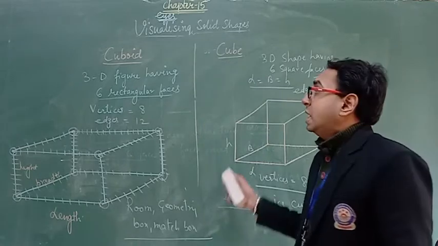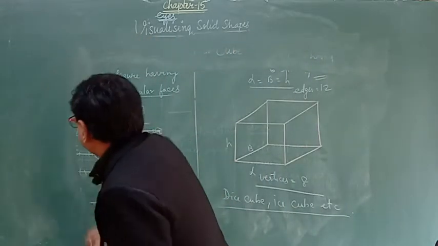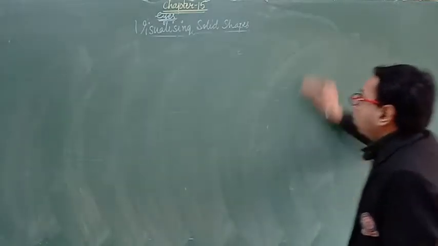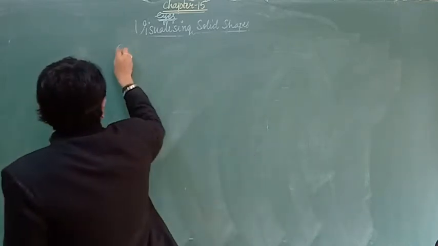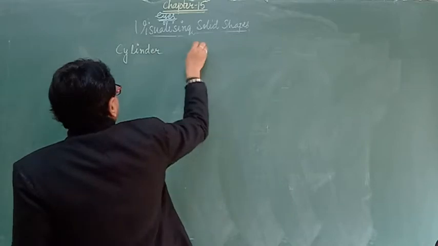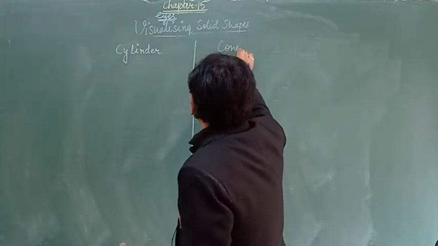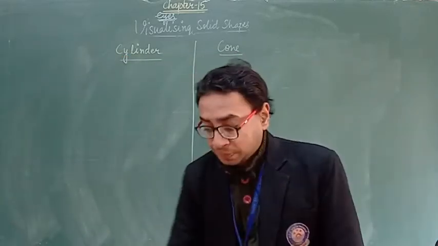Let's move on to the next two shapes, that is cylinder and cone. Let's move on to the next important shapes. Cylinder and cone. Yeah, understand.